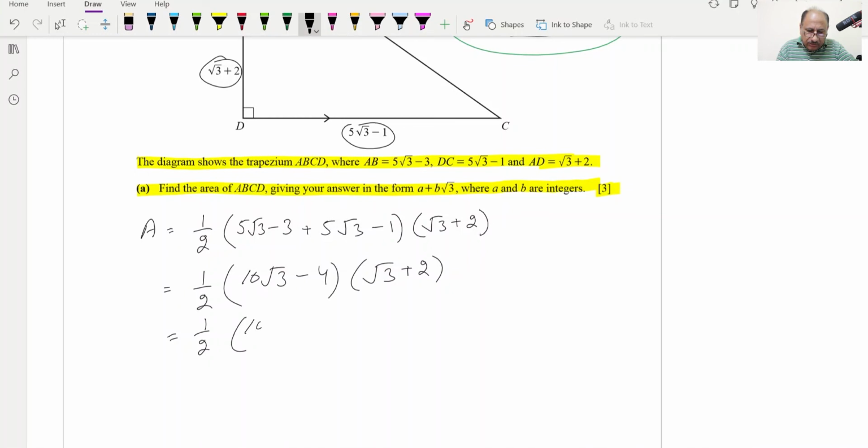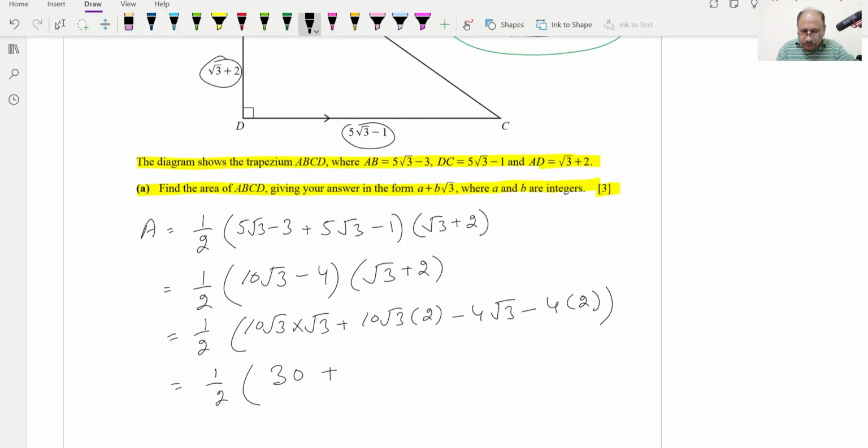Otherwise I will write one step for you: this will be multiplied by this, then plus 10 under root 3 will be multiplied by 2, and then minus 4 will be multiplied by under root 3, and then minus 4 will be multiplied by 2. And this step will be 1 by 2, and this will be 30, and plus 20 under root 3, and minus 4 under root 3, and minus 8.